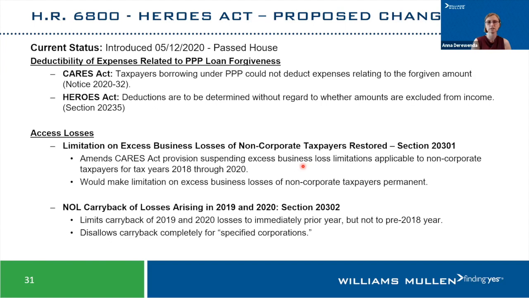The HEROES Act looks to reinstate the excess business loss limitation and limit the availability of carrybacks. So while taxpayers are planning and trying to figure out how they're going to access losses and what they're going to do, they need to keep an eye on the legislature to see if those rules are going to change and if they are able to change retroactively.